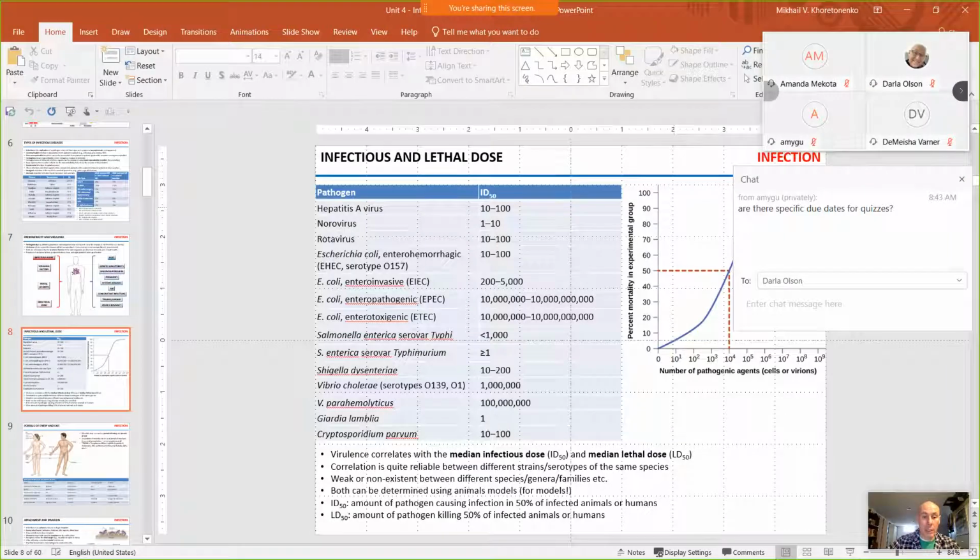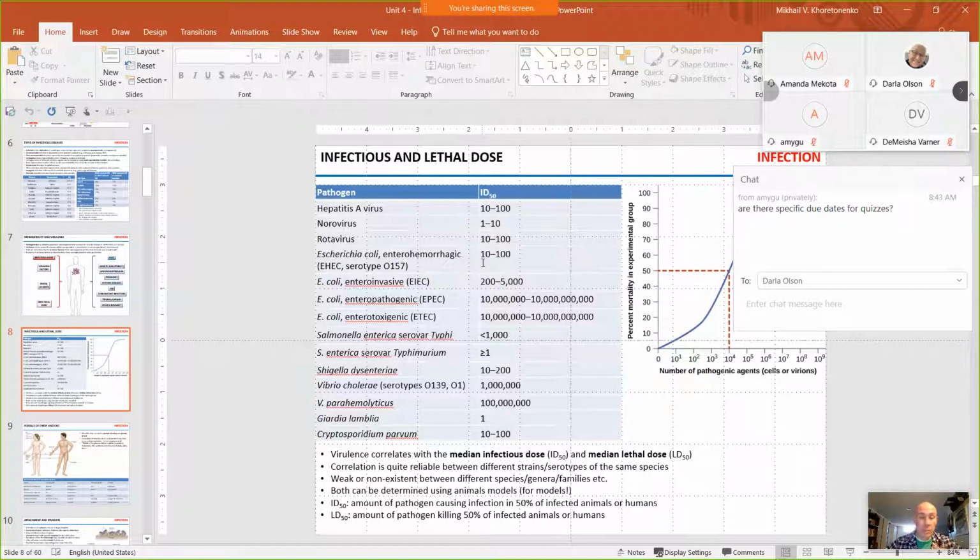Now, looking at this statement here, okay? So go back here. Look, you have enterotoxigenic or enteropathogenic E. coli, which have enormous median infectious dose, like millions or billions of bacteria. What they cause? They cause diarrhea. If we talk about enterohemorrhagic E. coli with infectious dose of 10 to 100, this microorganism is much more virulent.